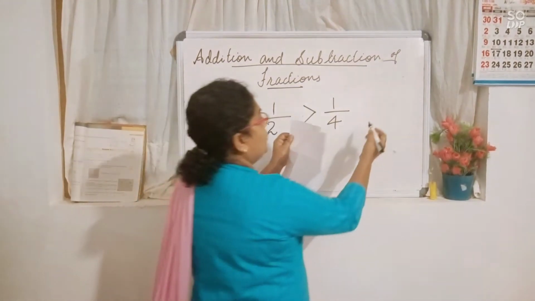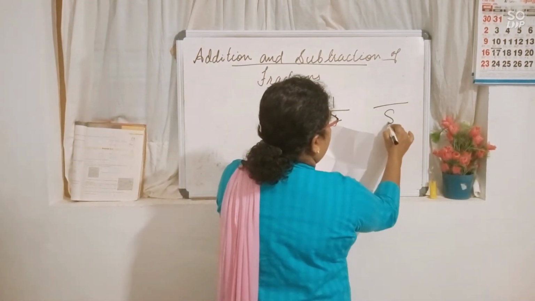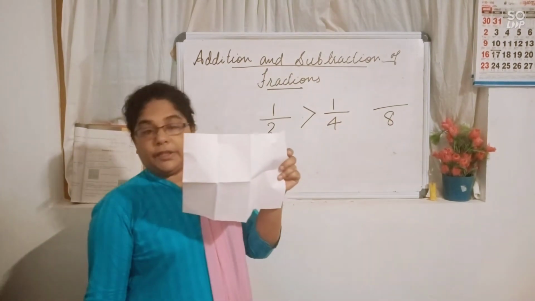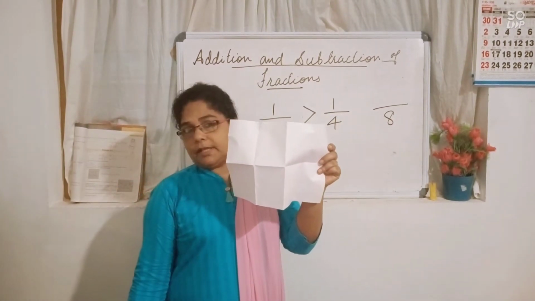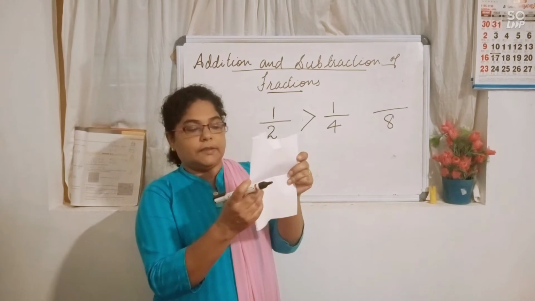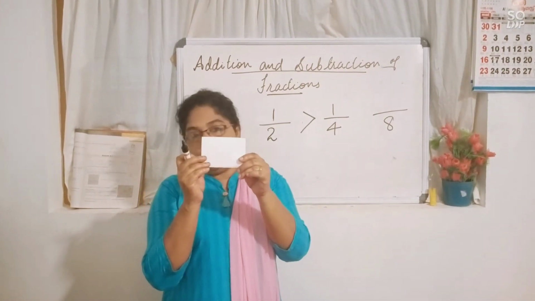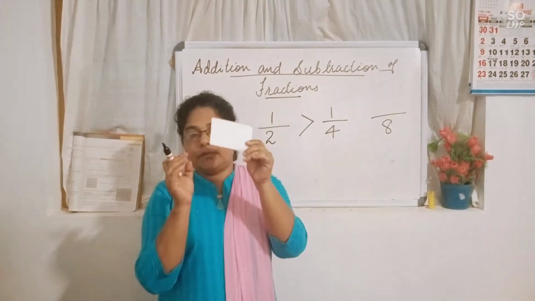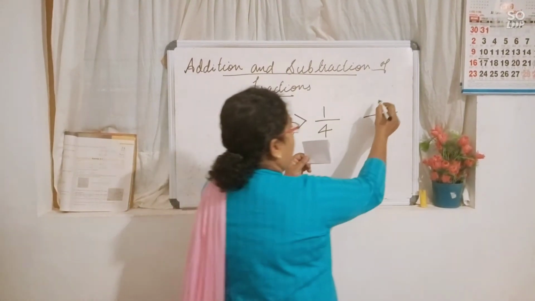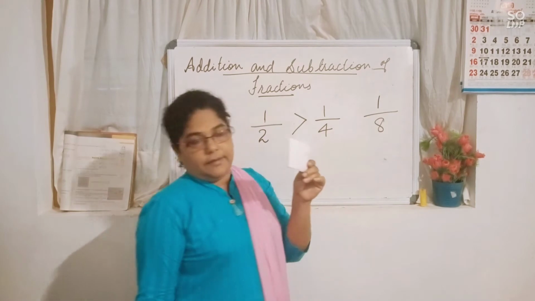How many pieces? That number will come in the denominator. 8 pieces. And we are taking one piece out of that 8.